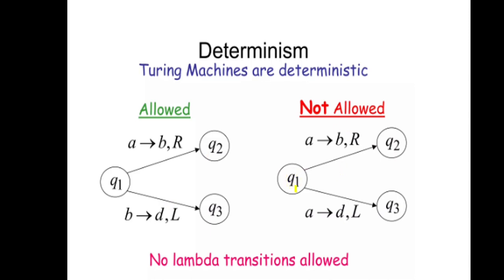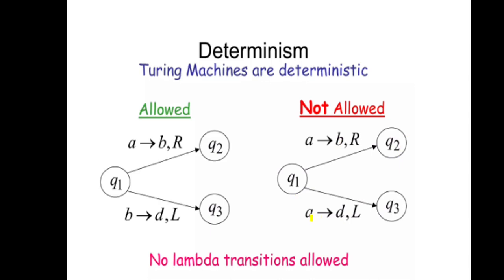Here the current state is Q1. It takes the input symbol A and gives the output symbol B, and R means it moves right. Now it's in the state Q2.